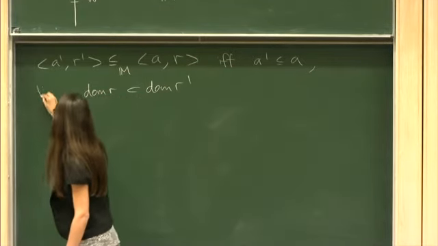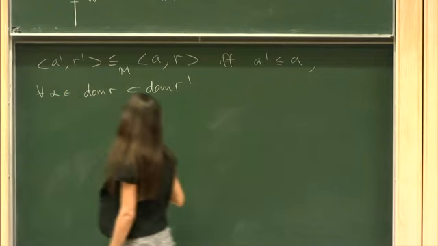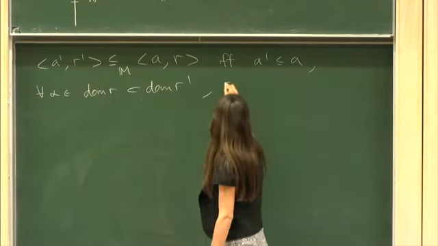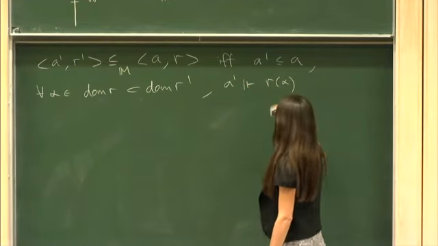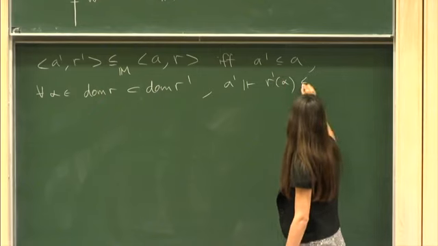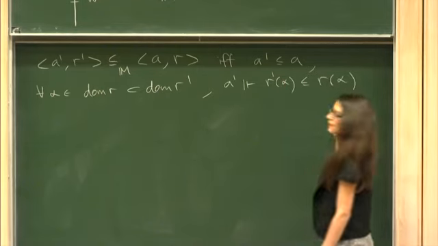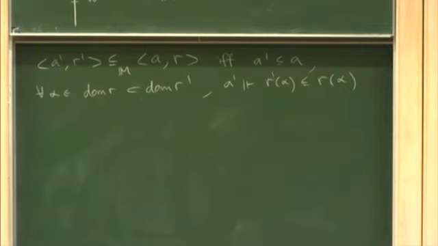And for every alpha in the domain of R, A' forces that R'(alpha) extends R(alpha). So it's kind of an interesting way in which the two coordinates interact with each other.